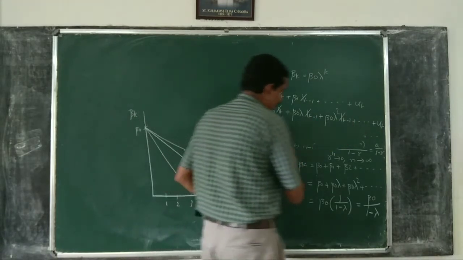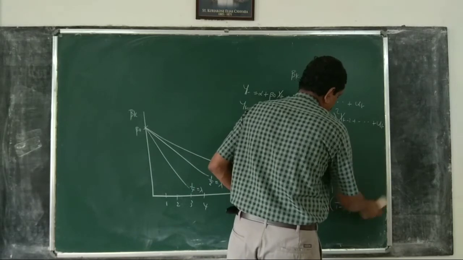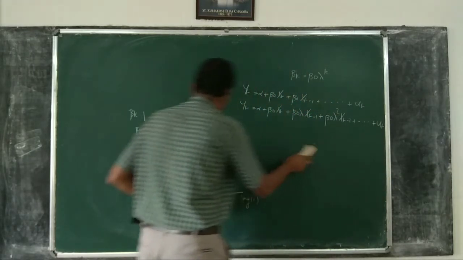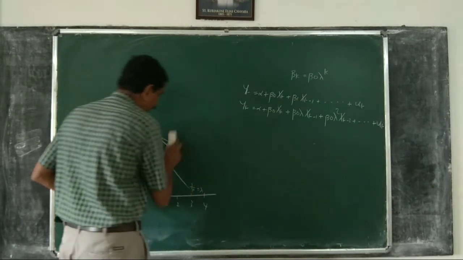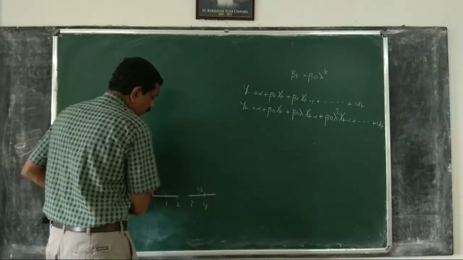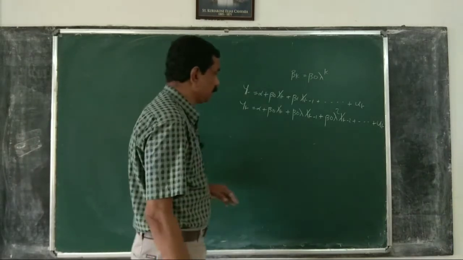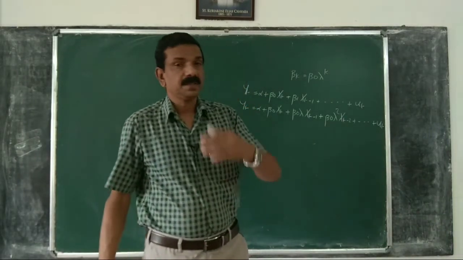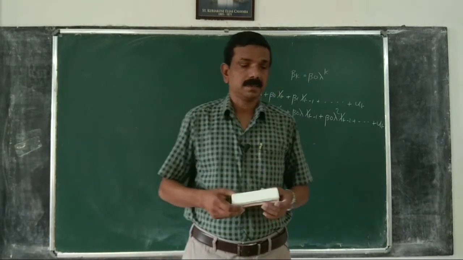Now the question is, can we estimate this model using ordinary least squares? The answer is no. There are two reasons why we cannot estimate this model. One is we have to estimate an infinite number of parameters.